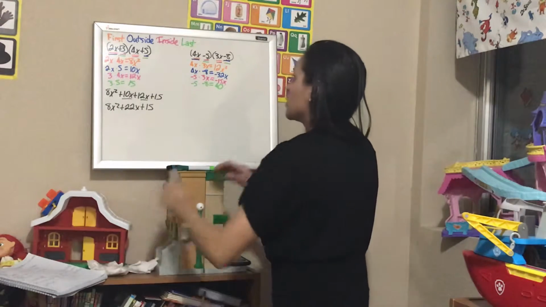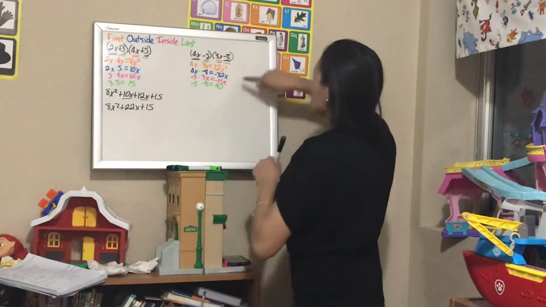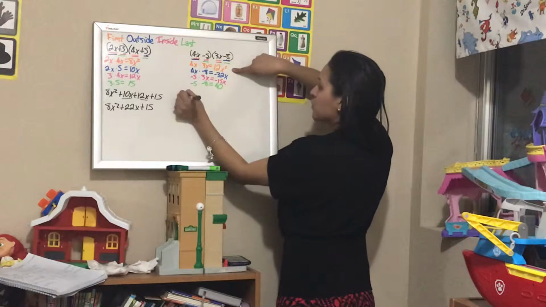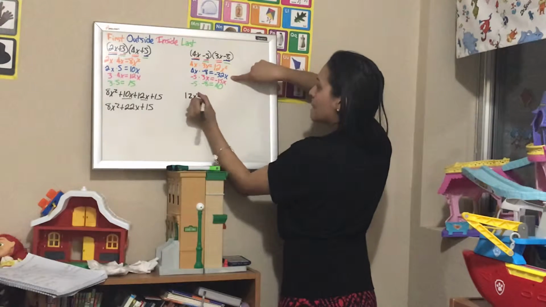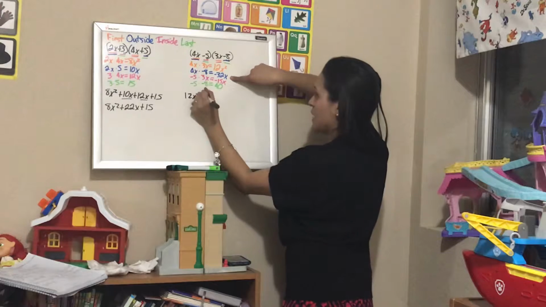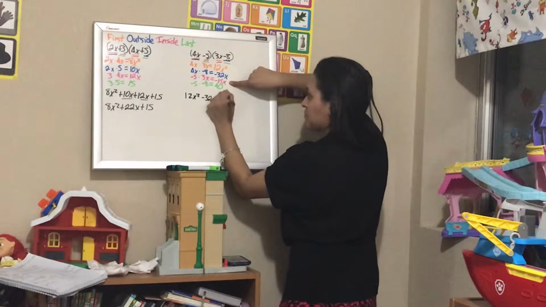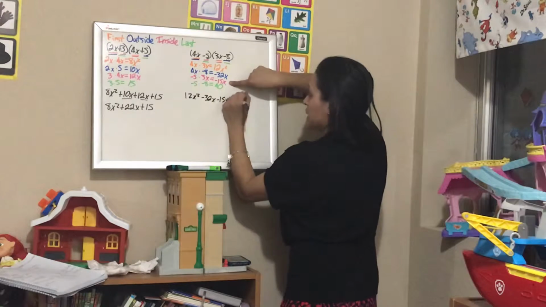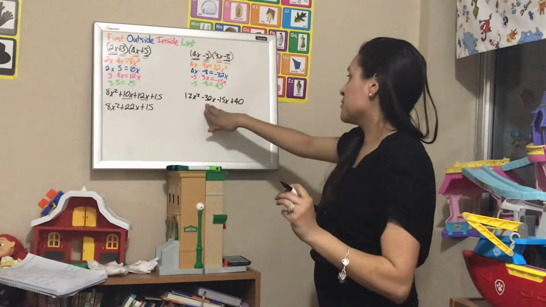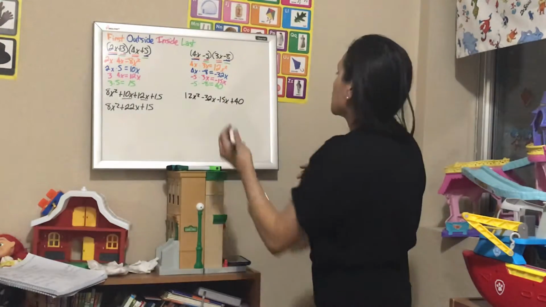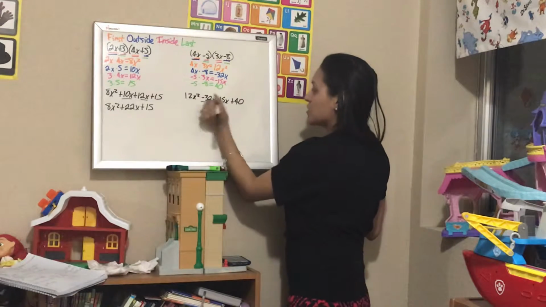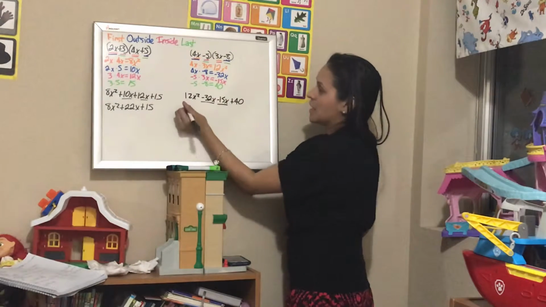So let's take our equation now from our terms. We have 12x squared minus 32x minus 15x plus 40. Now again, we're going to simplify by combining like terms. So negative 32x and negative 15x.